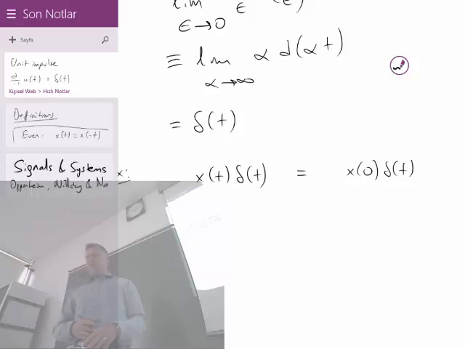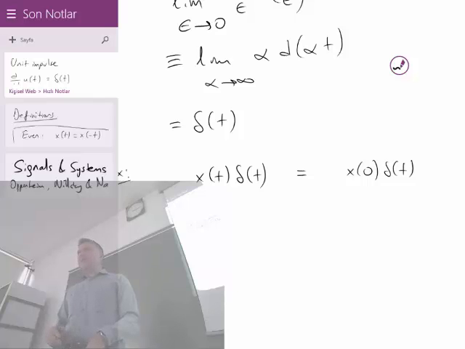Why? Because delta of t is zero everywhere. It's only non-zero at t equal to 0, only at that particular point. So x of t doesn't multiply delta of t everywhere. It all gets annihilated. It goes away. It only appears at t equal to 0, and the value of x of t at t equal to 0 is, of course, x of 0. So we write x of 0 delta t.